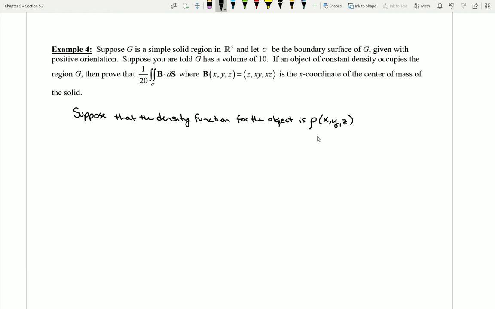This is what we did back in 4.8. But notice here that we said that there's supposed to be a constant density. So let's just say I don't know what that constant density is, but we'll give it the value of c, some constant c.